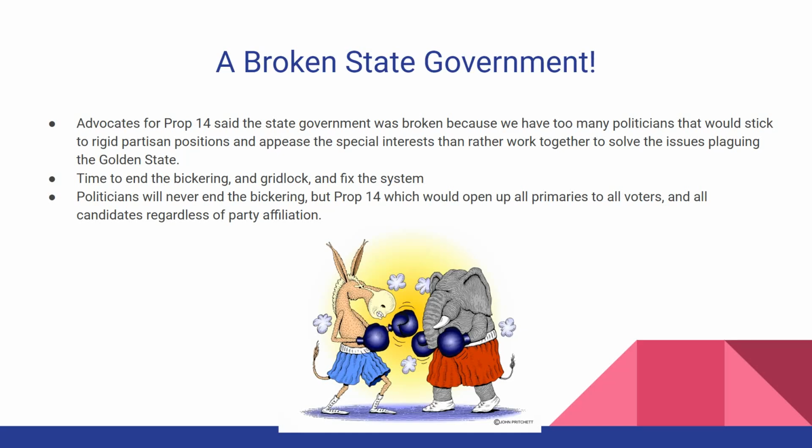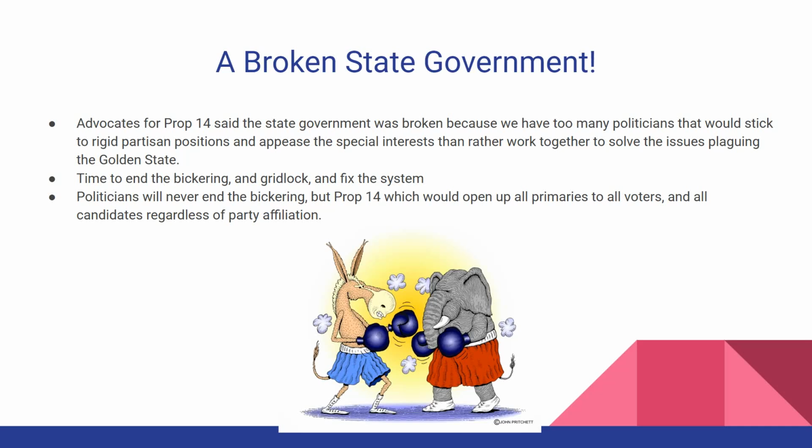These are several of the reasons that proponents advertised to promote Prop 14, and a lot of the messaging by advocates said it was time to end the bickering, the gridlock, and to ultimately fix the system to work better for we the people.